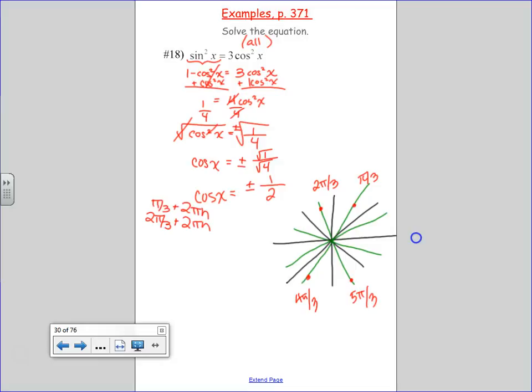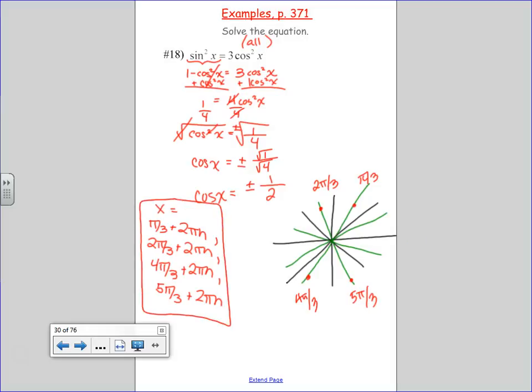And we can take how many different positions in the unit circle? 4. I could take each and every one, say all of his coterminals and all of his coterminals, comma, comma, comma. X equals. Is this right? Yes. Definitely.